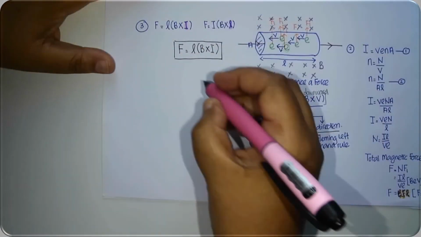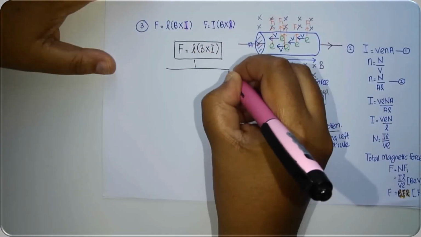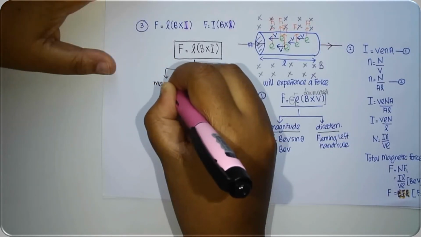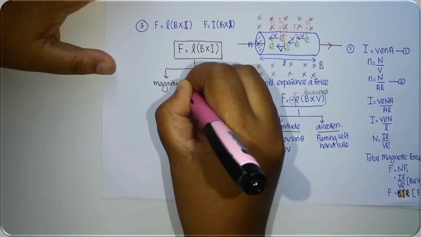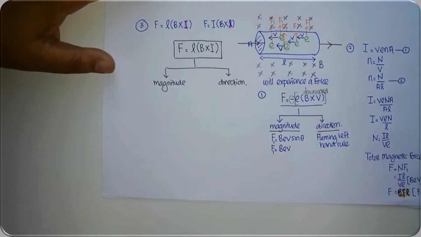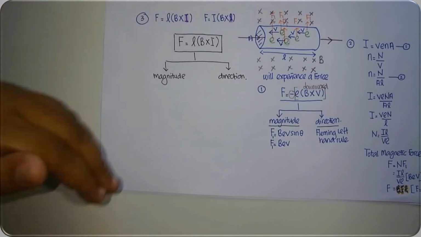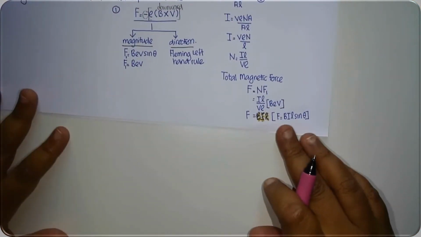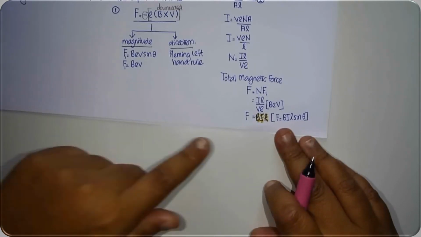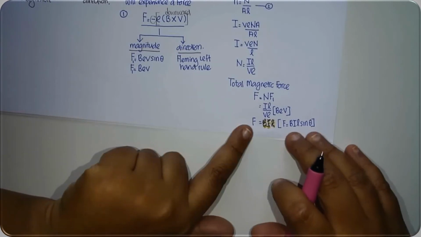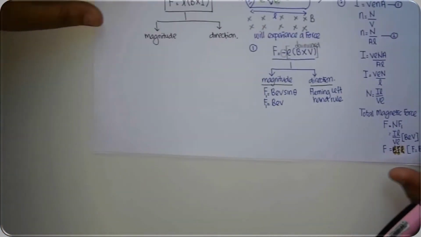And this force has a magnitude and direction. Let's look at the magnitude, which we already derived, where the magnitude will be either F equals BIL, based on this example, or the general solution, F equals BIL sine theta.